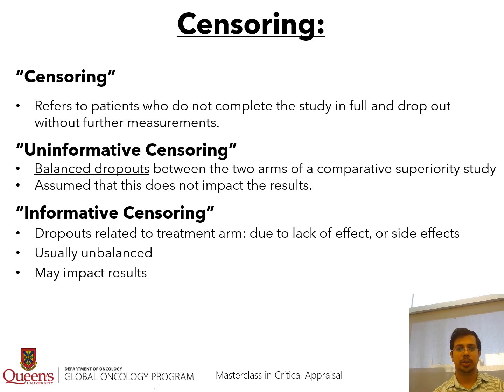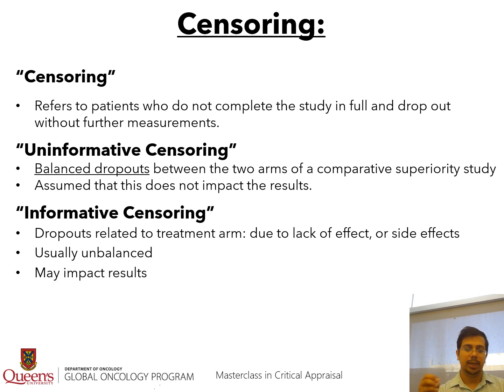It is also important to understand the concept of censoring to further understand the pitfalls of using surrogate endpoints. Censoring refers to patients who do not complete the clinical trial in full and they drop out in the middle. And usually when patients drop out, there is an equal or balanced number of patients in both arms who drop out from the trial, and we believe that that does not impact the results, so we call it uninformative censoring.